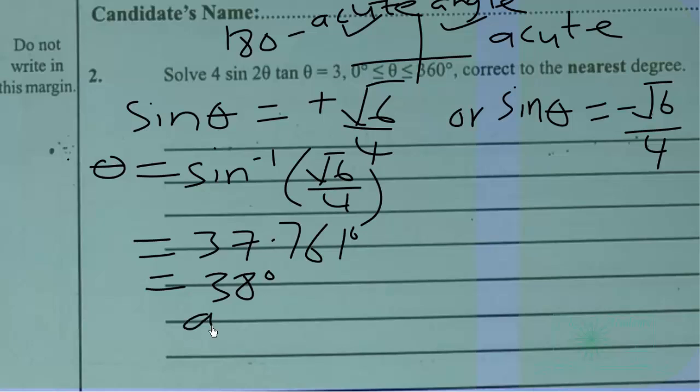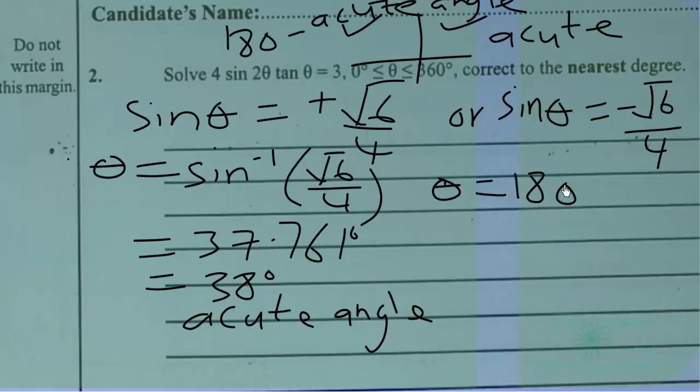So this is the acute angle in the first quadrant. So in the second quadrant, theta will be equal to 180 minus that acute angle, which is 38 degrees. So 180 minus 38 will be 142 degrees.